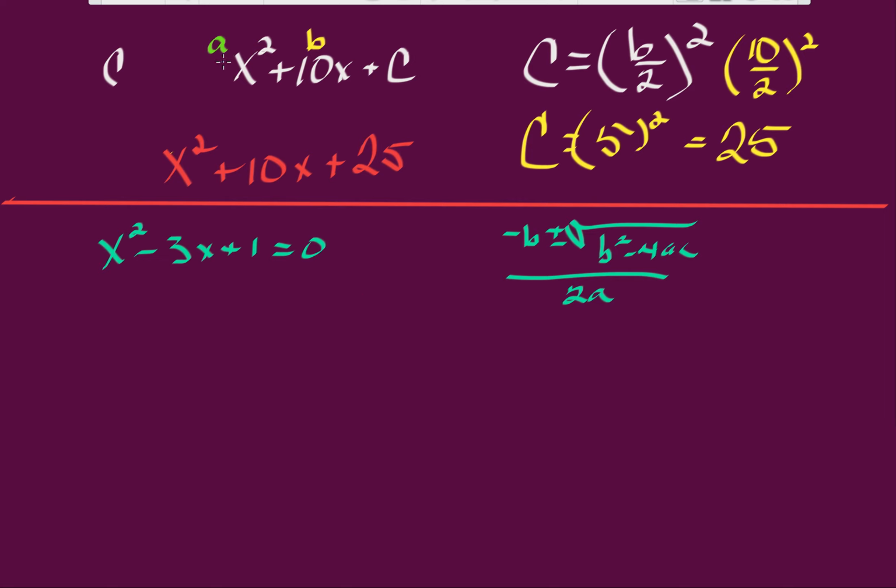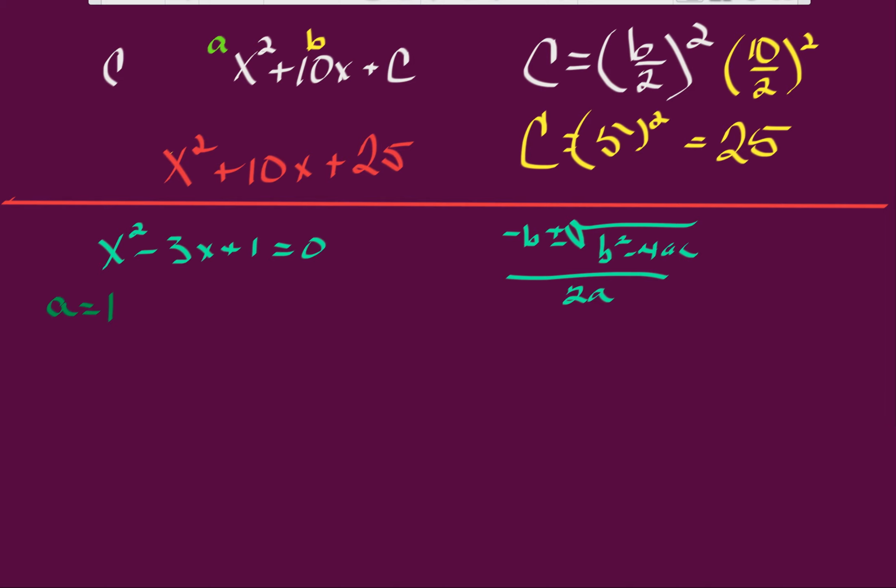Now, remember, in front of the x squared, what is the coefficient? It's 1. There's just one x squared sitting there, so we leave an implied 1. So a is 1.